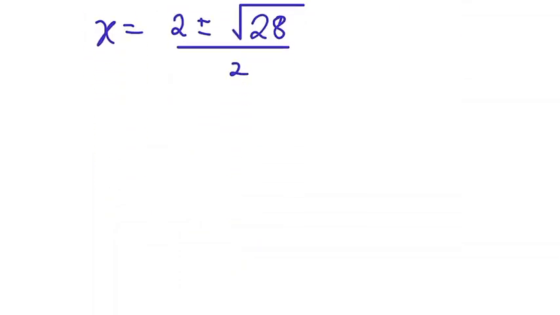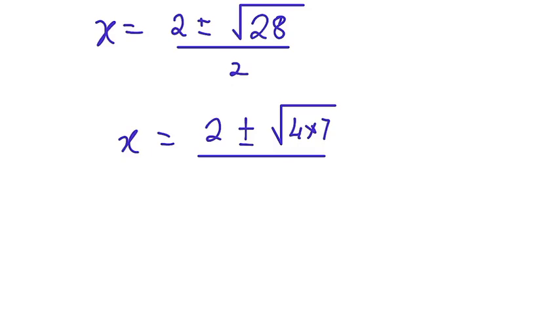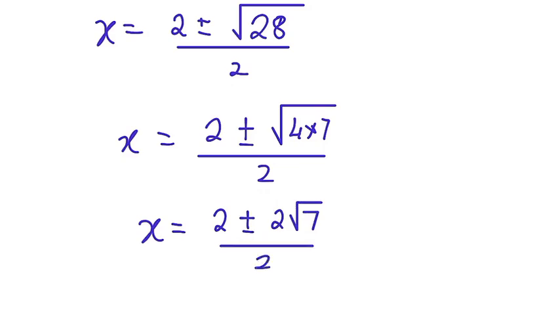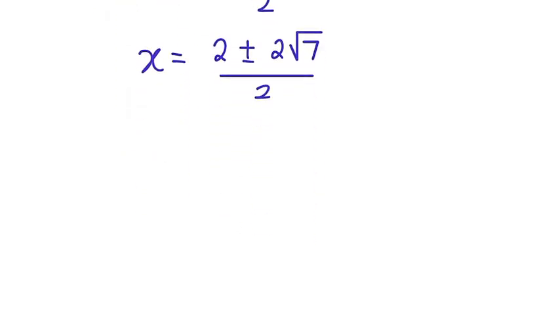Now moving on, x will equal 2 plus or minus, and this 28 can be split as 4 multiplied by 7, then divided by 2. So we have x equals 2 plus or minus 2 root 7, divided by 2, because when you take the square root of 4, we have 2.